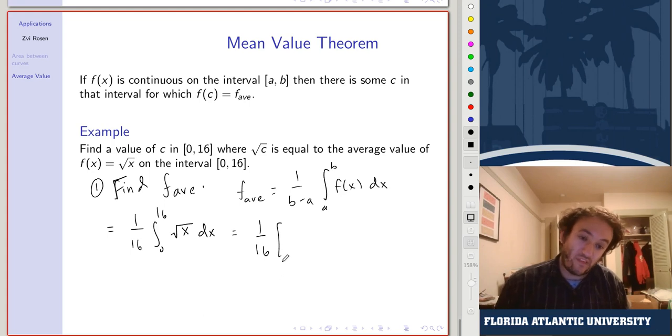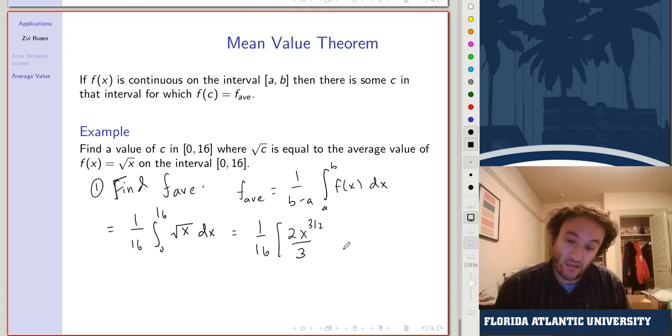We can apply the power rule, so we get x to the 3 halves divided by 3 halves, or 2x to the 3 halves over 3, from 0 to 16, which will give us, since 16 to the 3 halves is the same as 16 times 4, or 64, and so putting it all together, we get 8/3.